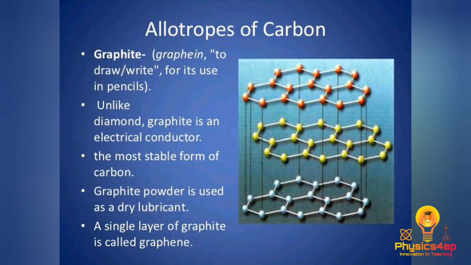One layer of graphite is called graphene, and graphene is also used as an electric conductor, which is 200 times stronger than steel and 6 times lighter than it. Also, graphene is the best conductor of electricity.